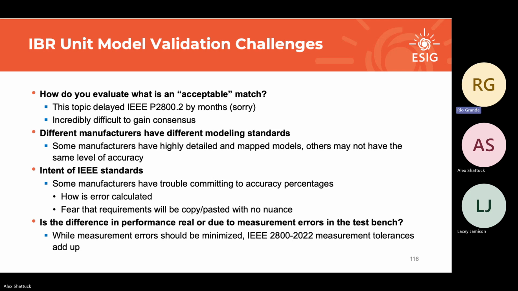So between that very different modeling standard, quality and accuracy, plus the fear of it becoming a real mandatory standard, and because part of IEEE is there are bands for how wrong your measurement can be, if you add all those things together, some of the manufacturers who were polled, which is perfectly fine, decided that they would take the conservative approach.